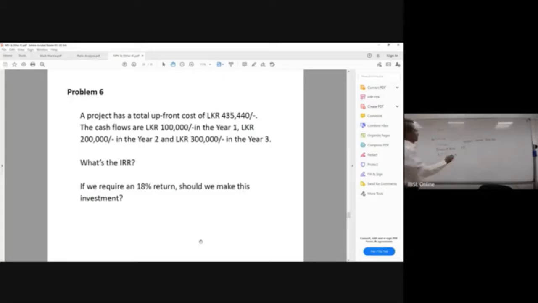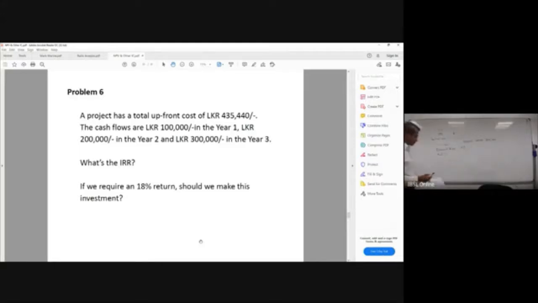How do you calculate? This is the discount factor for 0%, right? Discount factor for 0 is 1. Here year 0 is 1.